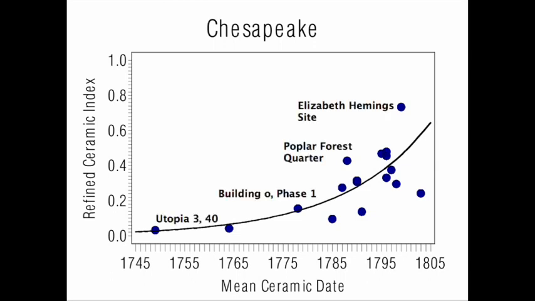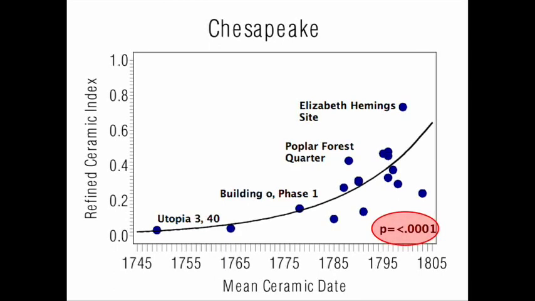So when you look at that dot, think of a household or an occupation of enslaved people who are discarding these costly ceramics. Starting in 1745 through the early 19th century, there's a statistically significant increase in the discard of these expensive tablewares and teawares. That p-value tells us that this is a statistically significant trend. Through time, there's a positive increase in the discard of these refined ceramics.